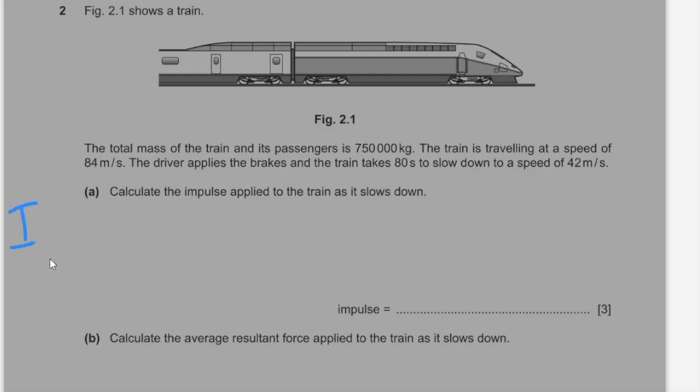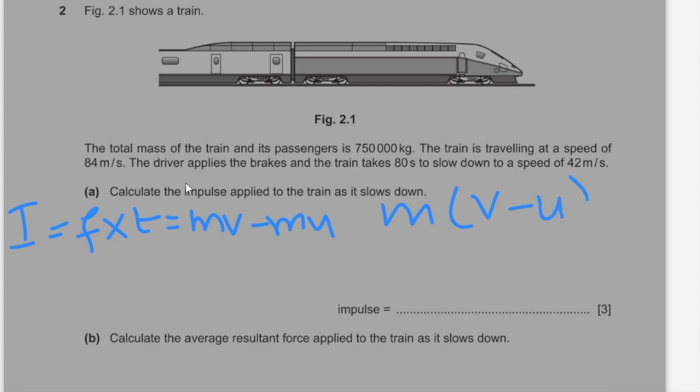Impulse has the formula of force into time. Force into time is also equal to the change in momentum. Since we don't have a force over here, we'll simply calculate the change in momentum which occurs, and that would give the impulse as well. So I'll take m out of the bracket, which is a common value, which would mean the mass multiplied by change in velocity.